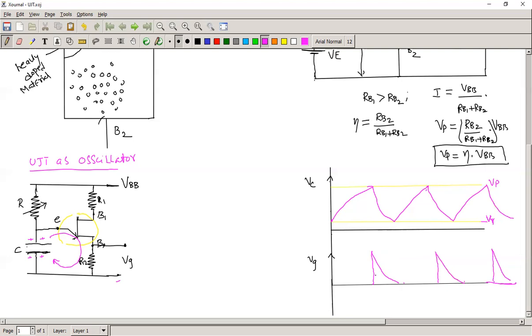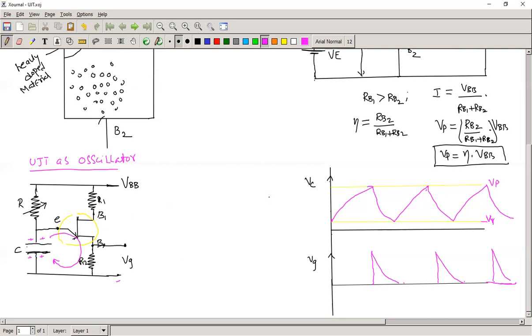The UJT has to give the pulse whenever the SCR is forward biased with the input voltage. That's why the operation of the UJT should be synchronized with the supply voltage. That circuit is a synchronized UJT triggering circuit, which we are going to study in the next class.